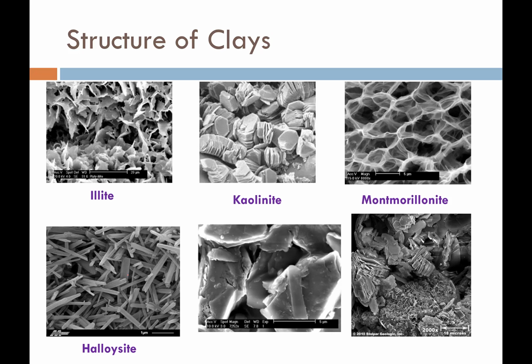So the water is what's really holding those sheets together in their tube form. If you dry it out and then try to remoisten it again, it will completely change what type of clay it is. It'll go from halloysite to a kaolinite just by drying it out.